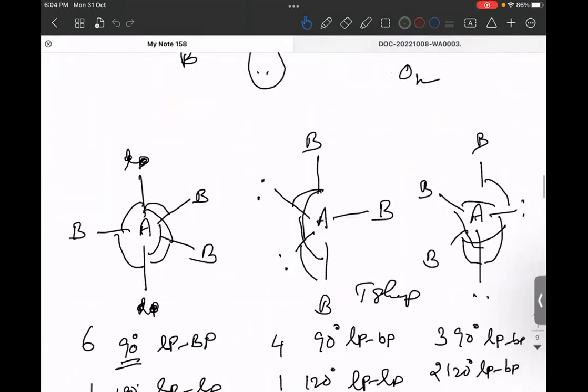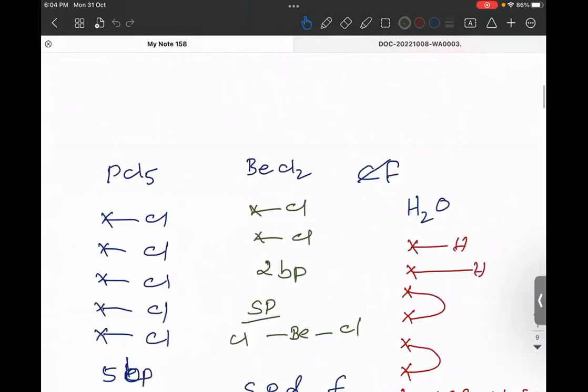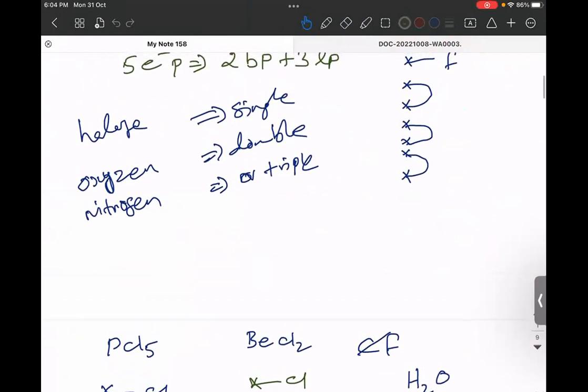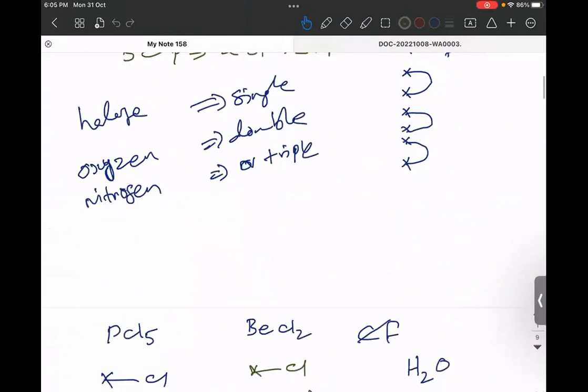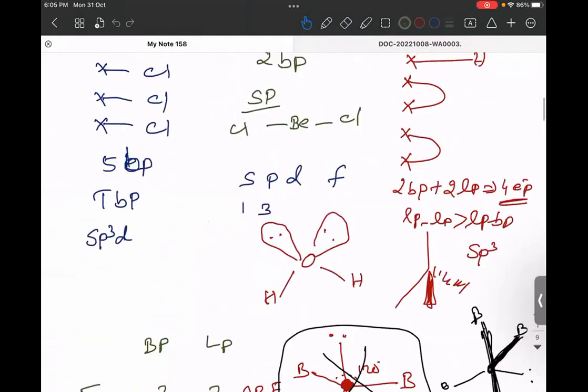Now, how to find out the total electron pairs without doing all this? You know the valence electrons of all the atoms.